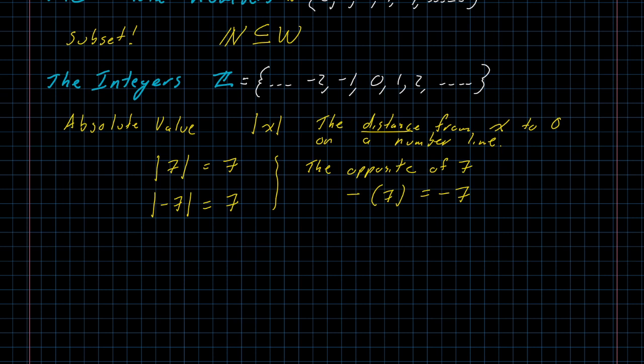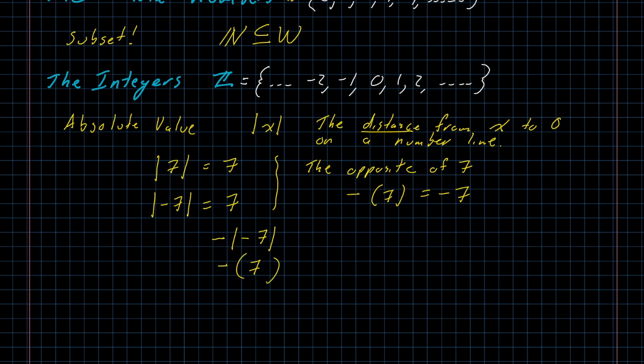But if we combine these ideas together, we might write out the opposite of the absolute value of -7. Well, to evaluate this, we start by taking the absolute value of -7, which is 7, and then we take the opposite of that.